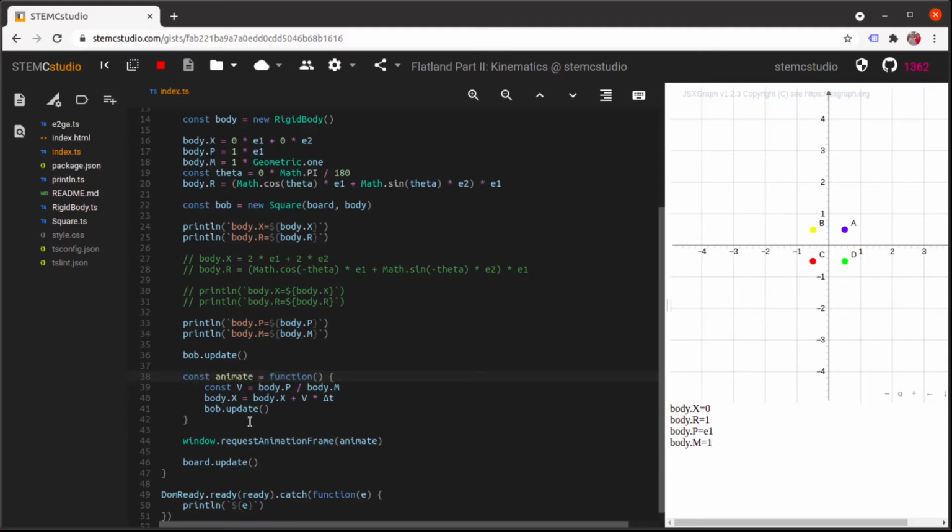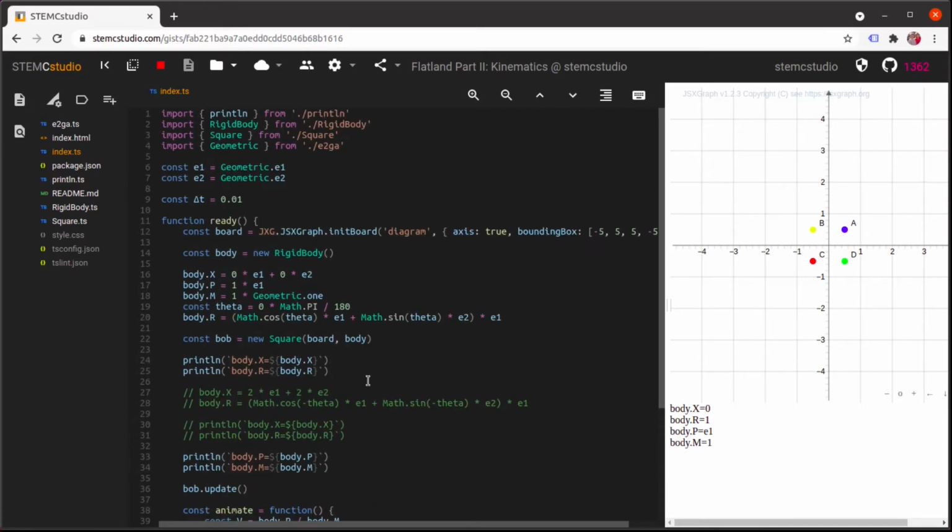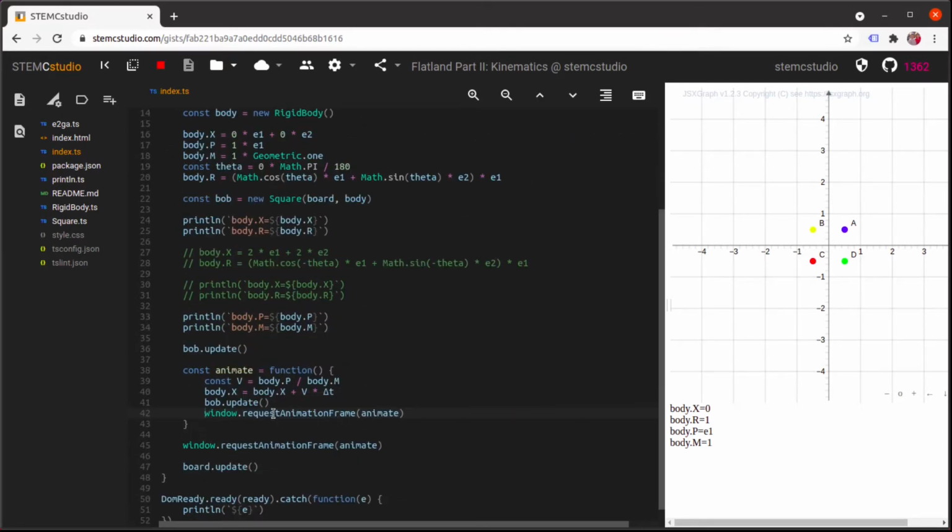What will happen here is it will get called once, on the next frame. What we need to do now is we want it to keep on going. So that gets the first frame. What we need to do is say, give us another frame, okay? So window, request animation frame, animate, and I was expecting a bit more to happen.